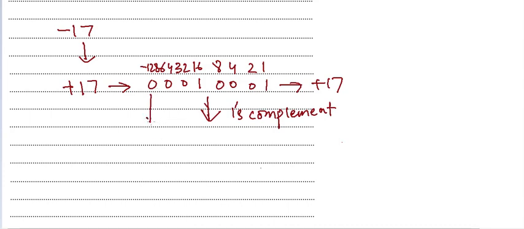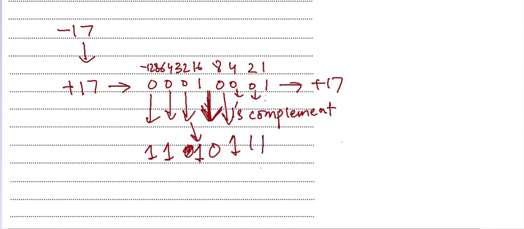So this becomes a 1, this becomes a 1, this becomes a 0, this becomes a 1, and this becomes a 0, this becomes a 1, and this becomes a 1, and this becomes a 1, and this one becomes a 0, right? So this here is the 1's complement.